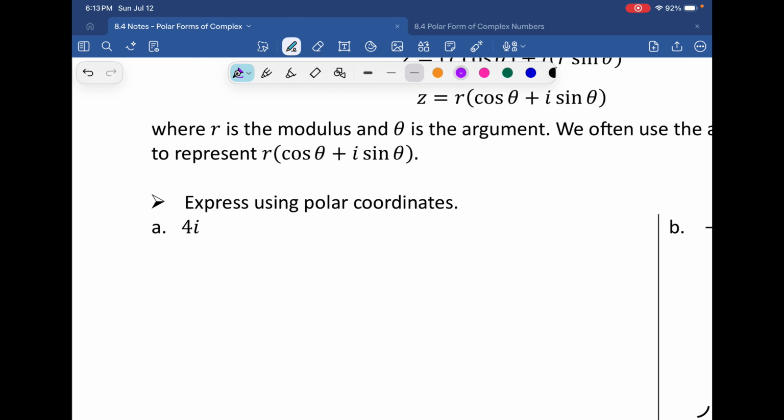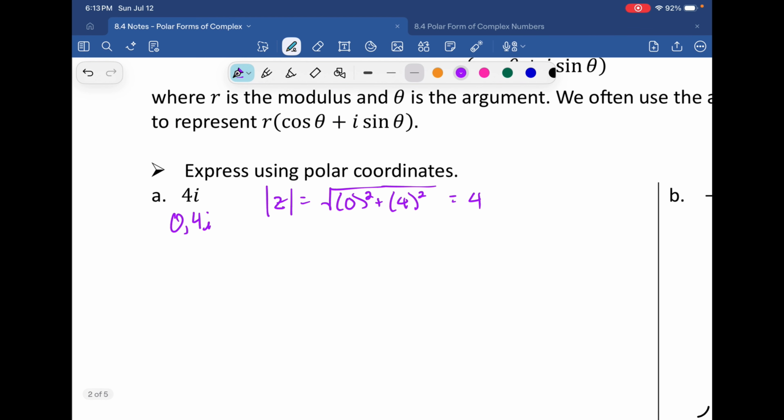All right, expressed using polar coordinates. So first thing I want to do is find the magnitude. And I use 0 for x because the a is 0 here, and the y for i. So it's going to give me a magnitude of 4.